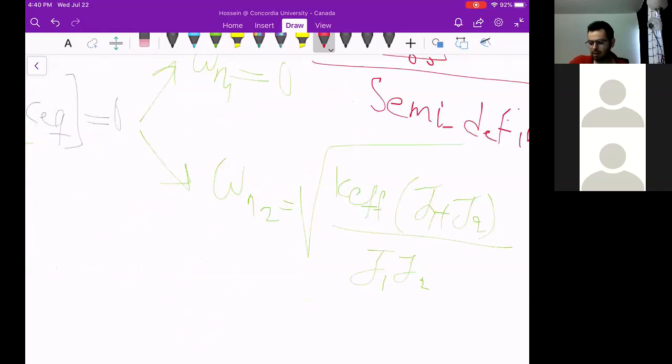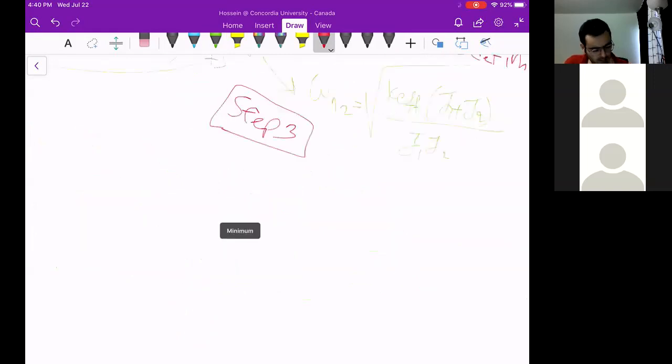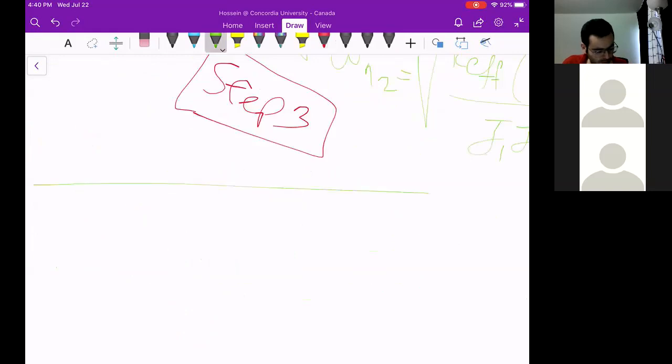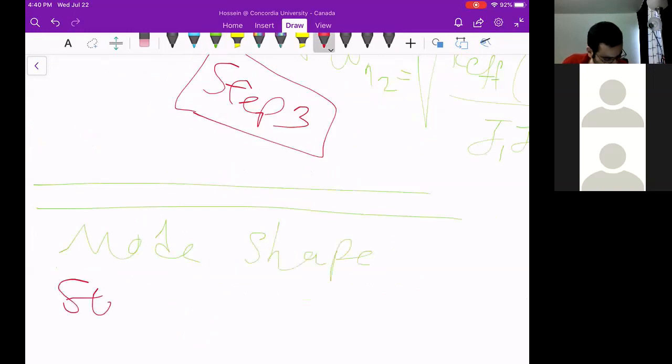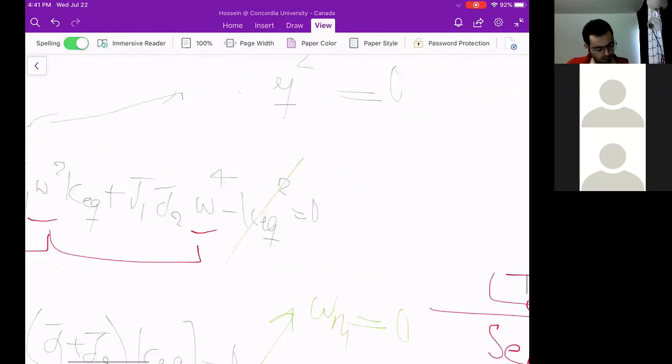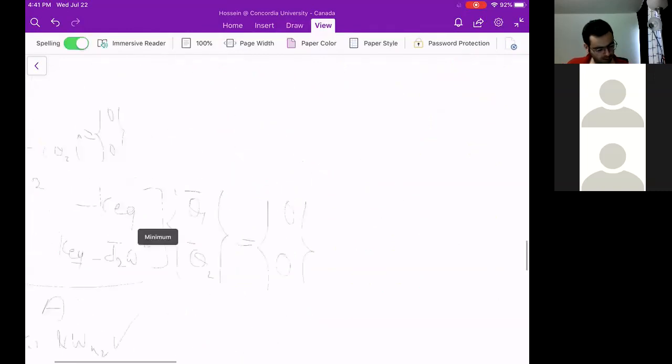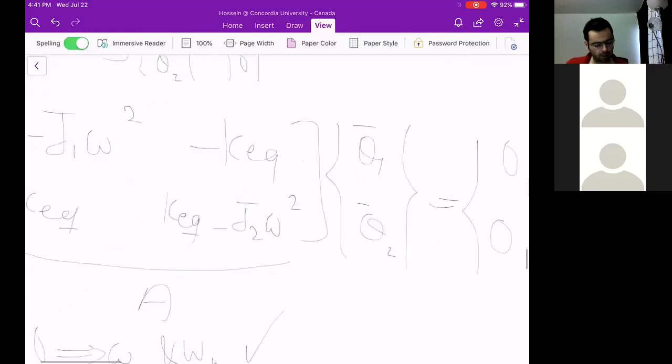Once you obtain the natural frequency, you could easily go to step 3. Step 3 was the natural frequency. Step 4 is the mode shape, the natural mode shape. So all you have to do is go back and see this equation, the matrix, and always choose the first row or second row.